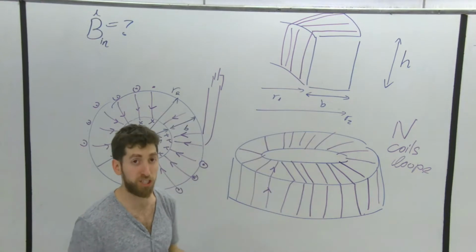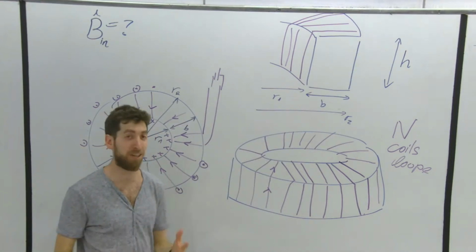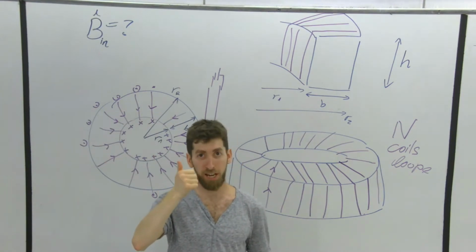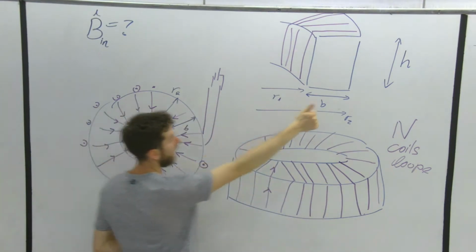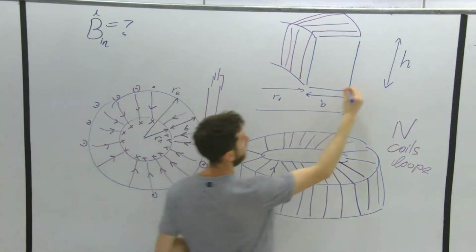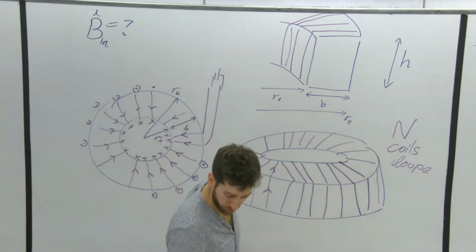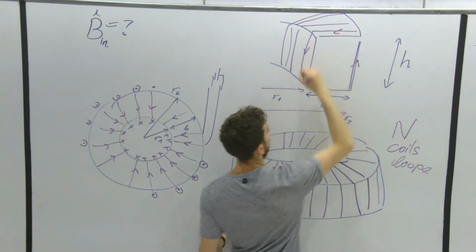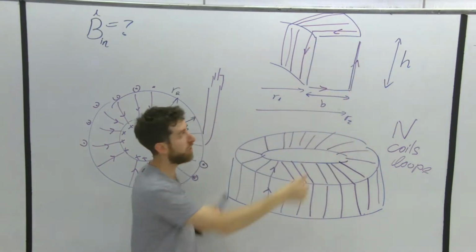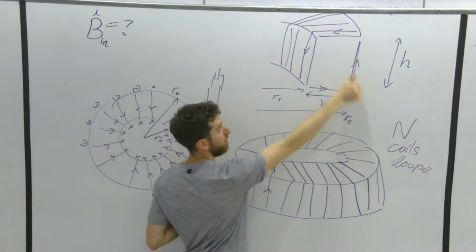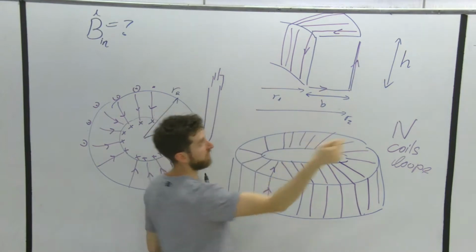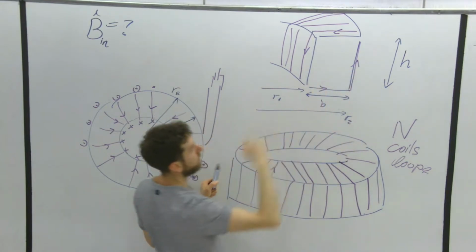So if we want to understand directions when it comes to magnetic fields, what rule do we have? The right-hand rule, right? If we have a current going in that direction, I follow it, and what I see is that the magnetic field is going into the board and outside the board.